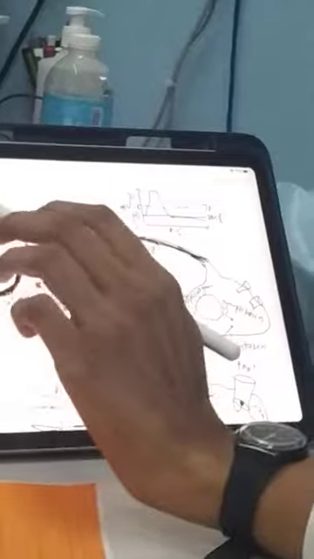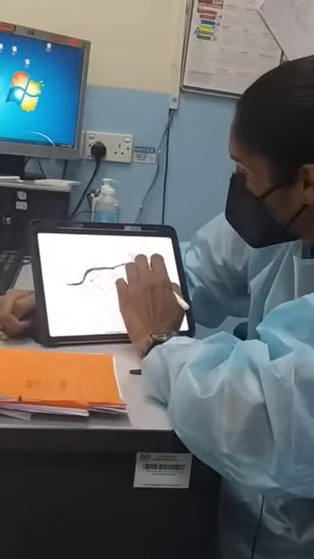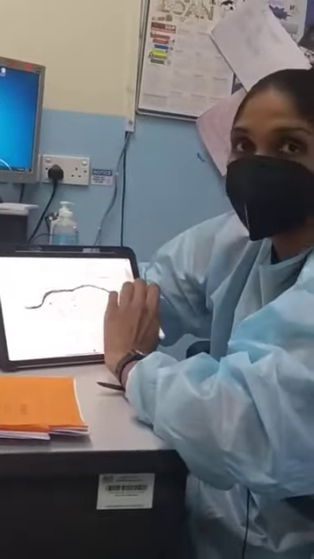If you look at the graph here, this is the action potential graph.